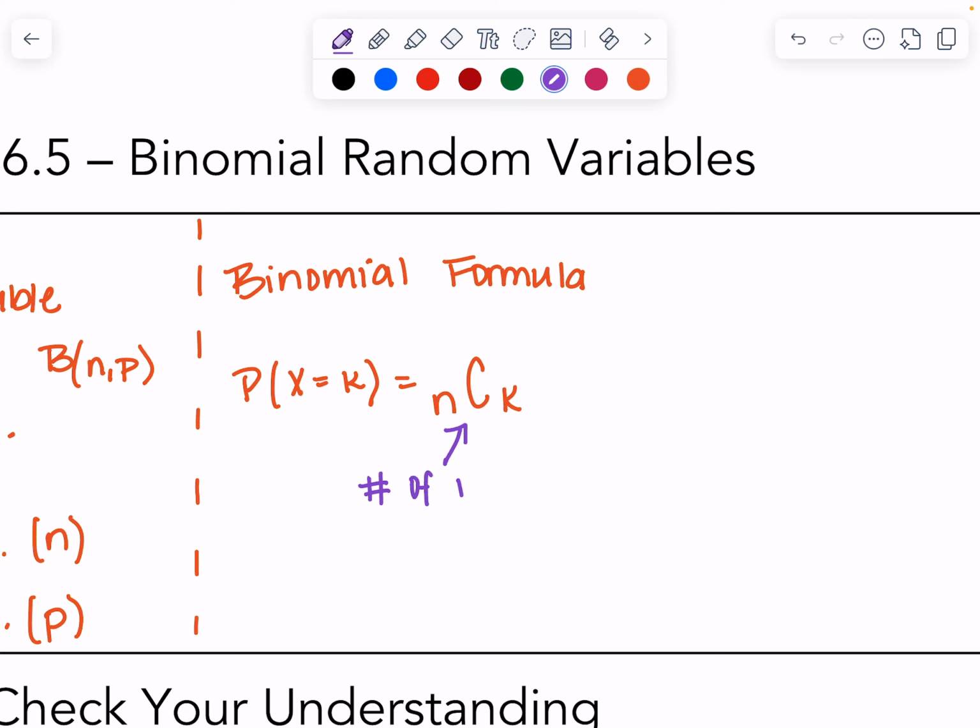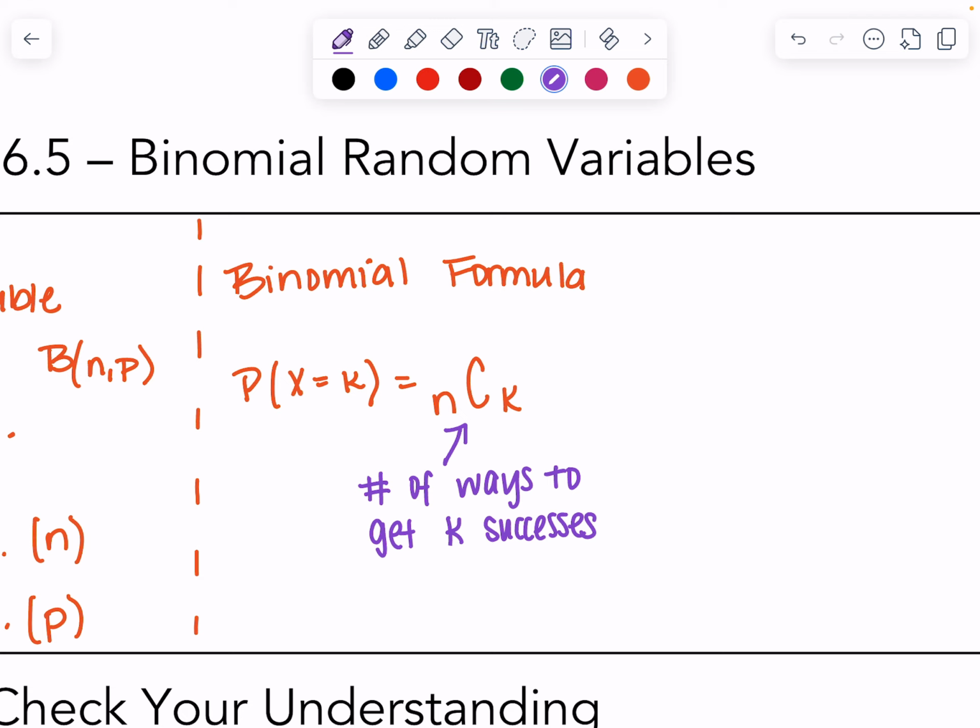Number of ways to get K successes. And now that I think about it, I can't remember if the true TI-84 uses K or R, but just remember that it's just a different letter to represent the same thing. So that is the number of ways to get K successes, that N choose K or N choose R.